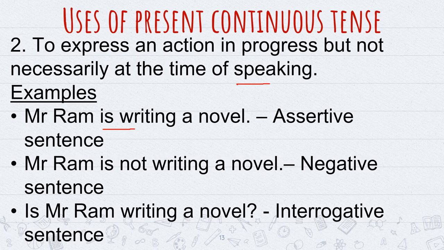And this is an assertive sentence. If I make a negative sentence of this, then the negative sentence will be: Ram is not writing a novel. I will simply add not. And its interrogative sentence will be: is Mr. Ram writing a novel? And it will end with a question mark. Okay.